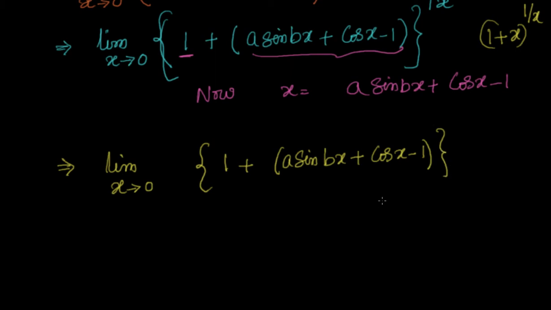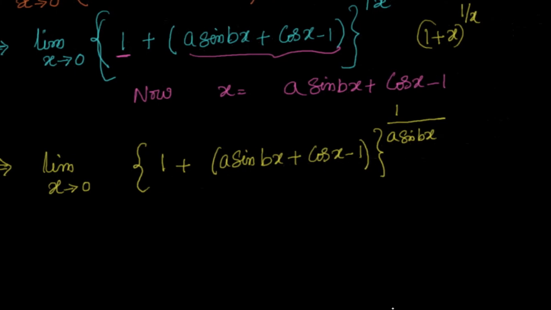Now I can convert this into e when I do 1 by x. 1 by x is nothing but 1 by a sin bx plus cos x minus 1. So this will make sure that everything in this box will become e.